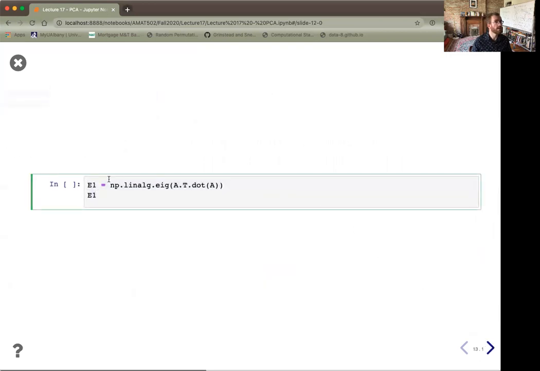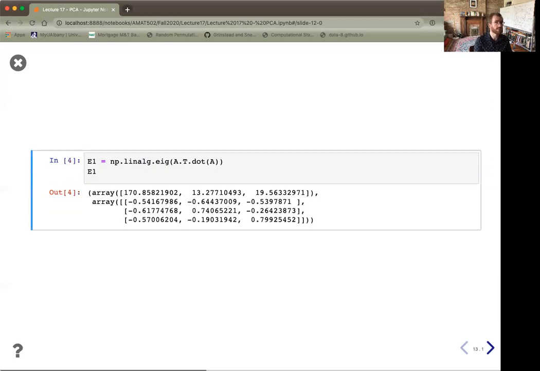So I'm going to call E1 to be np, which brings in the linear algebra module. And so this .eig method on A transpose A is going to have two sets of data. So it actually has 2 arrays. First is an array of the eigenvalues. And then it has, associated to these, the eigenvectors associated to these eigenvalues.